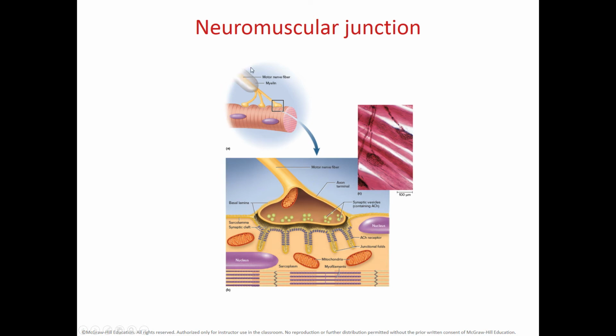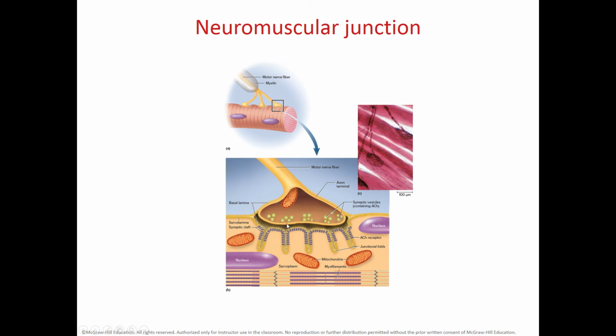You have these synaptic terminals of the motor neuron, then the synaptic cleft, and this area of the sarcolemma is the motor end plate. If you magnify this, you see the axon terminal, which is a dilation of the ending of the nerve, the motor neuron.